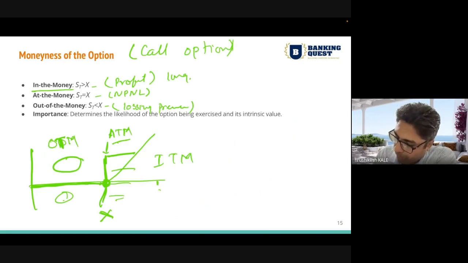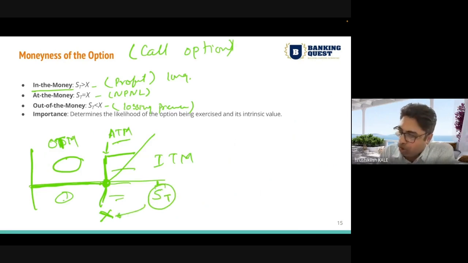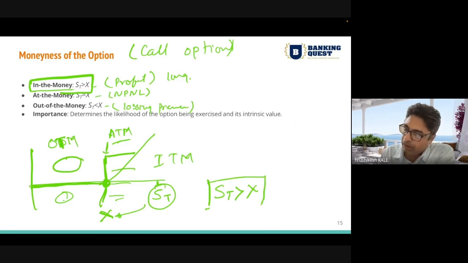Now, if your spot price, or today's price, is greater than your exercise price in a call option, then you are in the money, which is also called ITM. When your strike price is equal to today's price, then you are at the money.